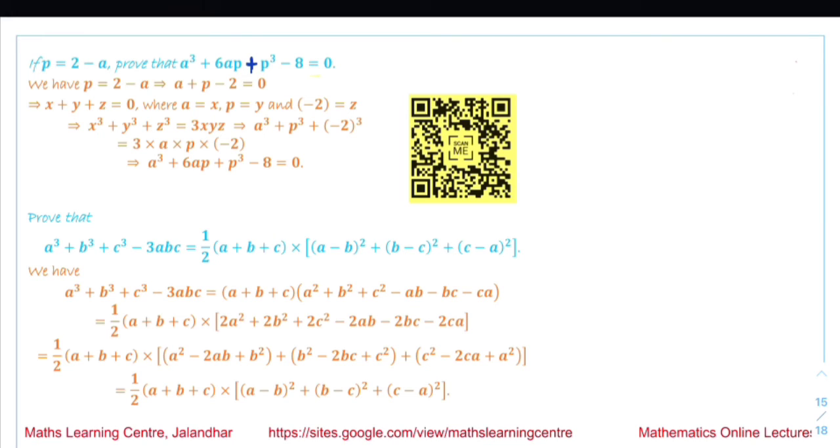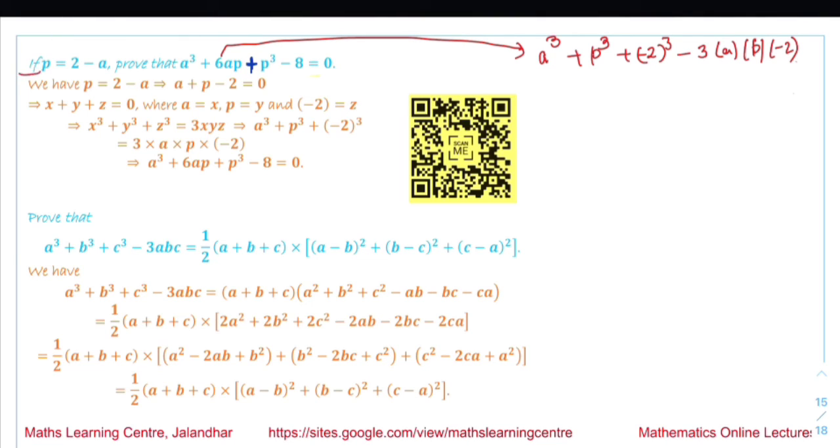Now in this next question we have a³ + p³ + (−2)³ − 3 × a × p × (−2), and we have to prove that this term, which I am writing in this form, is equal to 0.